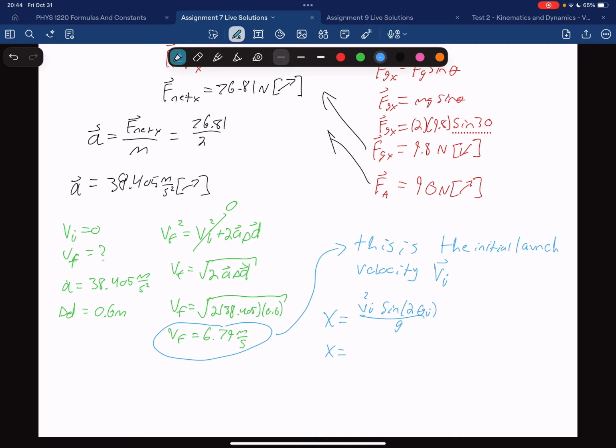So I'm going to have 6.79 squared sine 2 times 30 over 9.8. Punching this into a calculator gives us 4.1 meters. And that is our final answer.